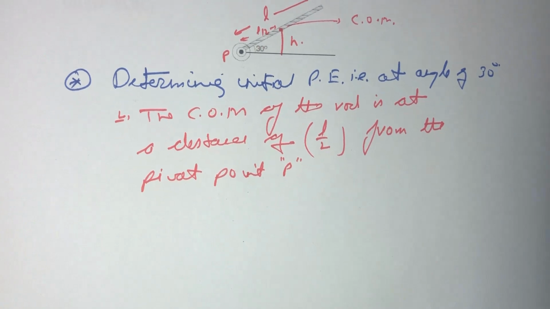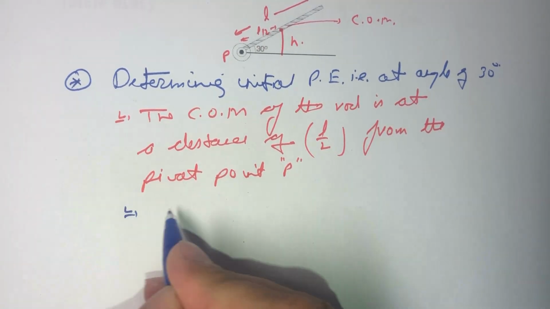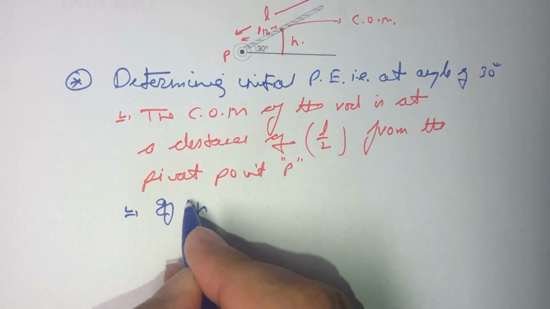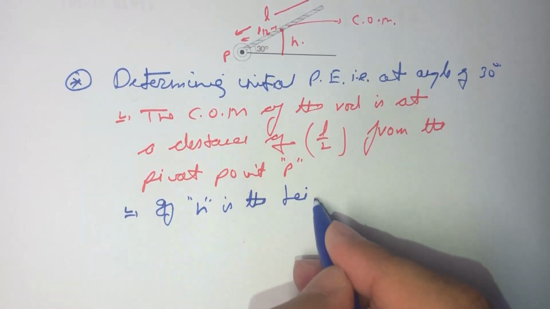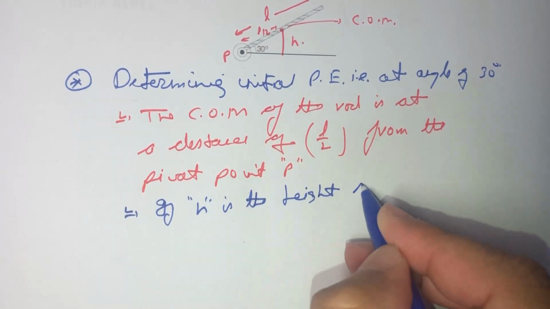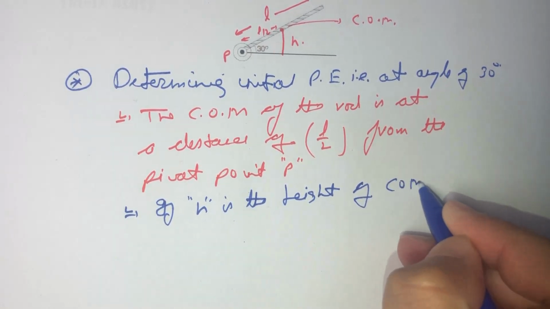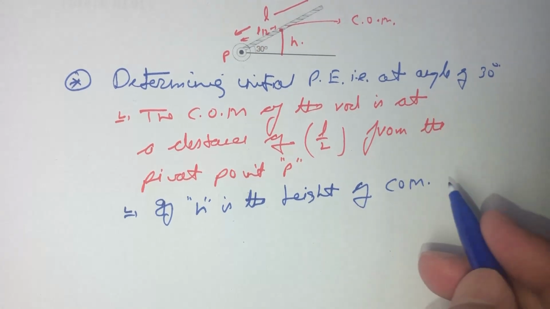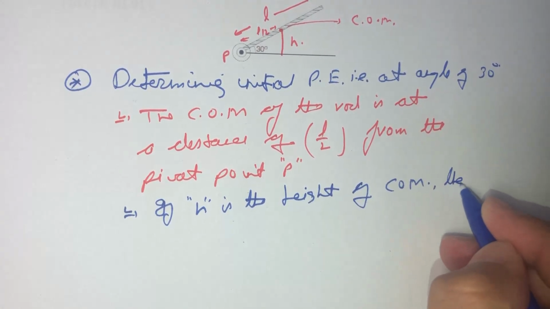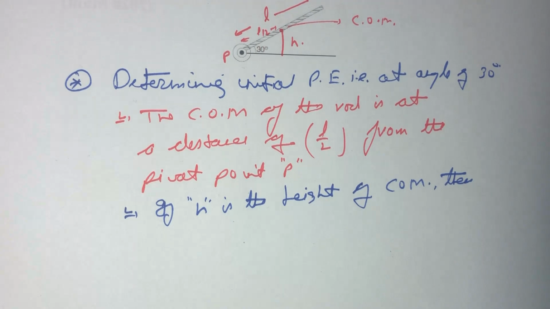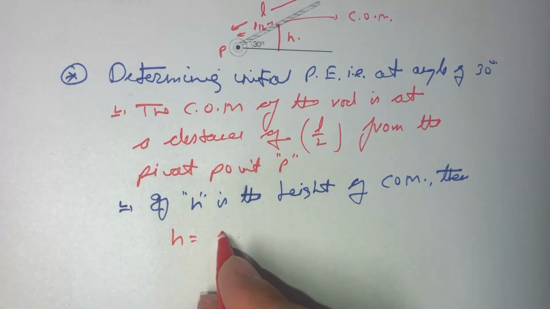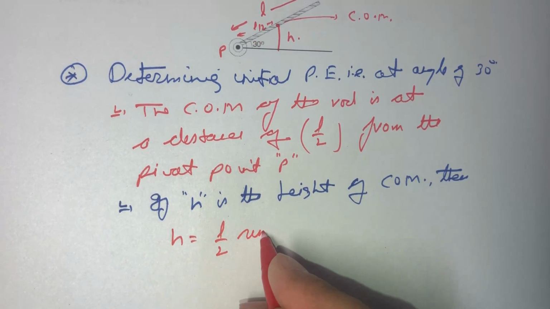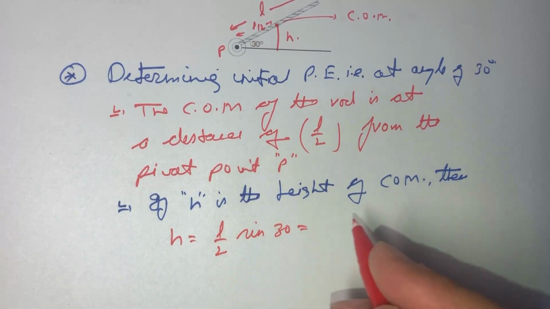If h is the height of the center of mass, then h will be equal to L by 2 sine of 30.